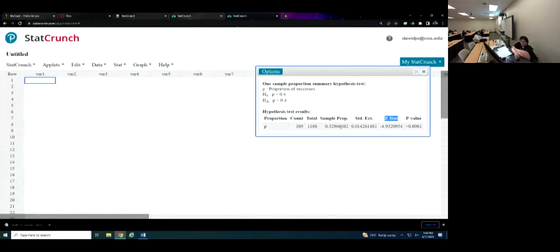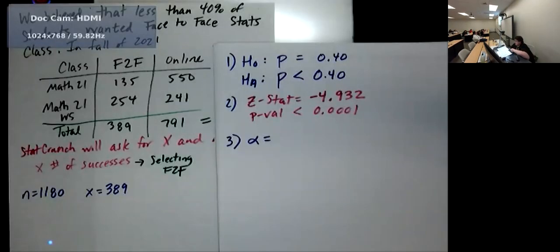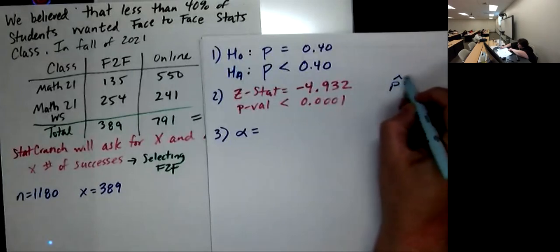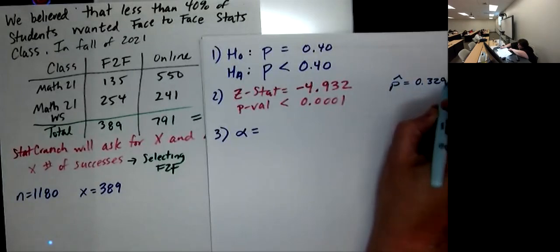They're telling you what the sample's proportion was. So the sample had like 33%. 33% of over 1,000 students wanted face-to-face, which means the rest wanted online. We're trying to see if it's less than 40%. So it showed 0.329 something, which is about 33%.